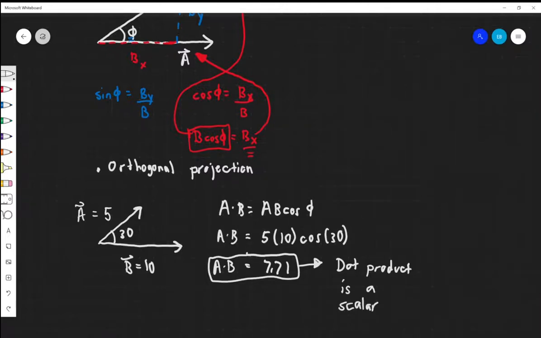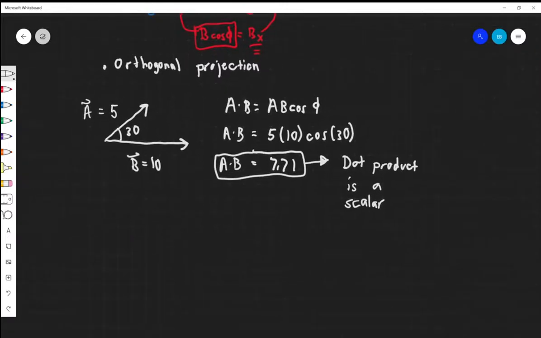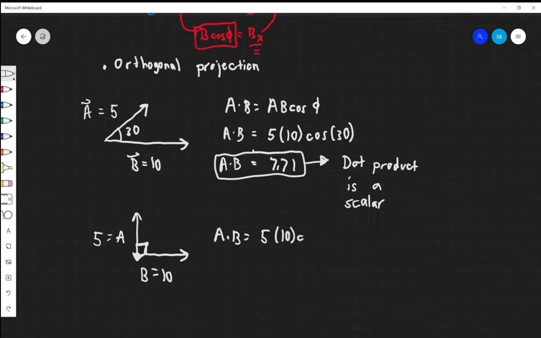Let's do one other example. Let's say I have a vector A. Let's say A is going up, and A is still equal to 5. And I have another vector B. B, let's say that's still equal to 10. Let's say the angle between the two of them is 90 degrees. A dot B equals 5 times 10 times the cosine of 90.